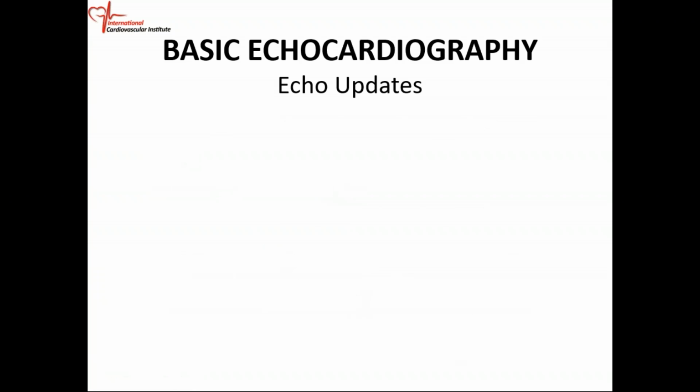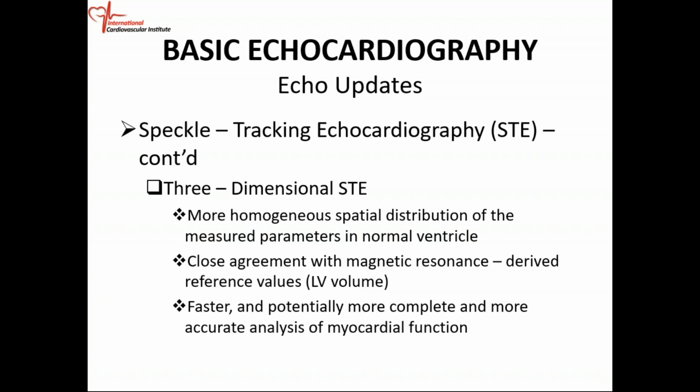Okay, so we're gonna stop there, but speckle tracking echo is nothing more than when you look at your grayscale, your two-dimensional echo, you have varying shades of gray, so to speak, and that's because you have constructive and destructive interference. When you have constructive interference, you have brighter echoes.